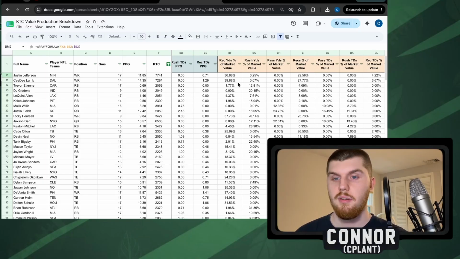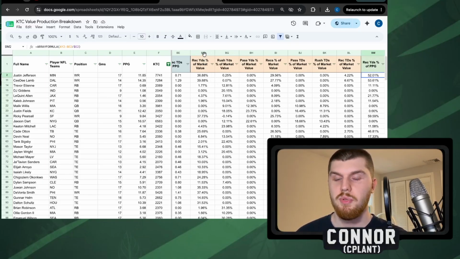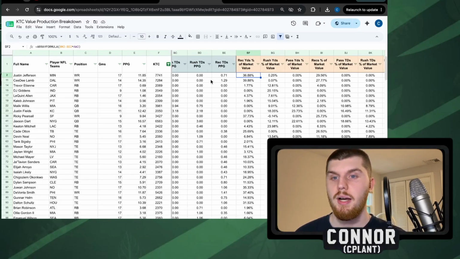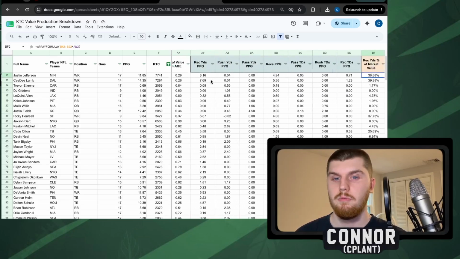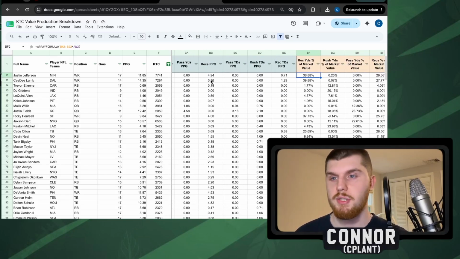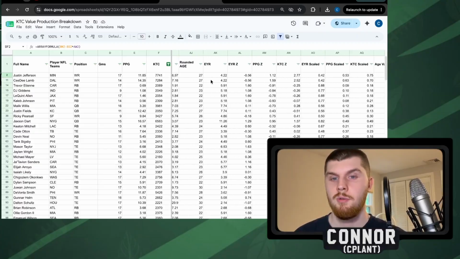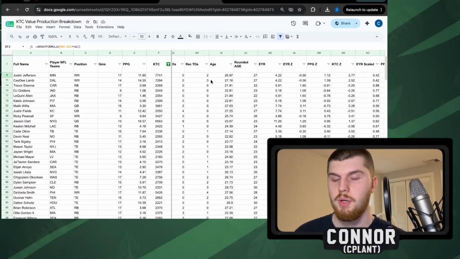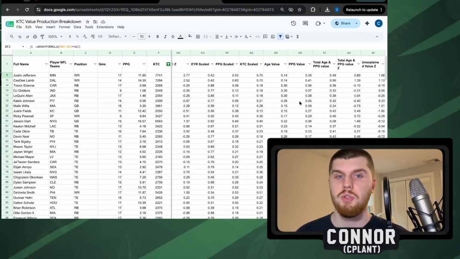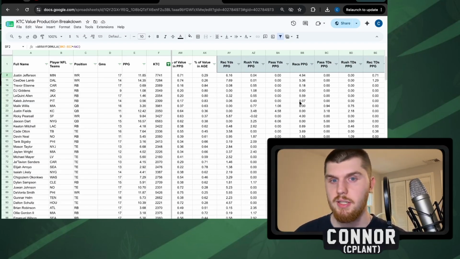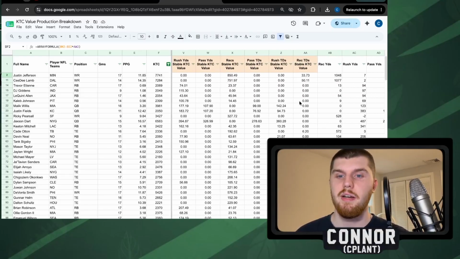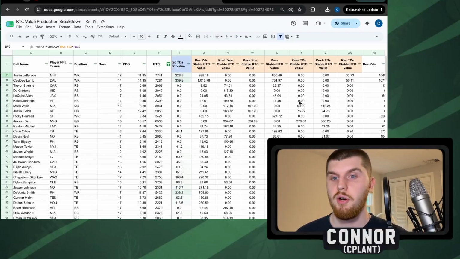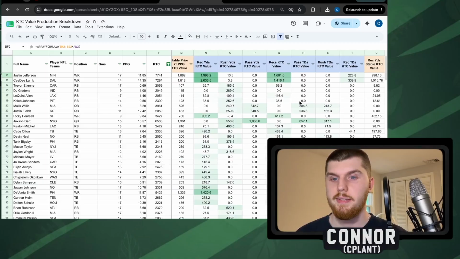And from there, I can then multiply this by roughly 70 to 75% of their KTC value, because like I said, age and points per game only explain about 70 to 75% of variance. I can then multiply that by the 70% of their KTC value and get KTC value approximations for all of their stats.